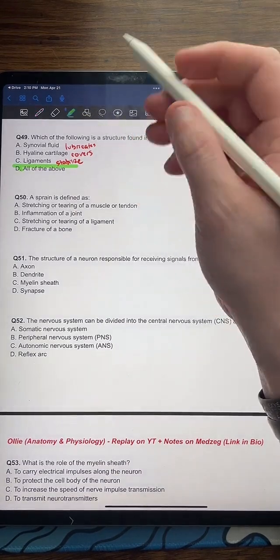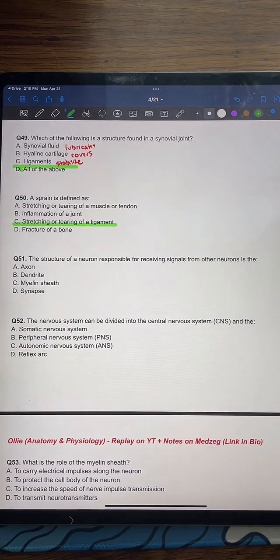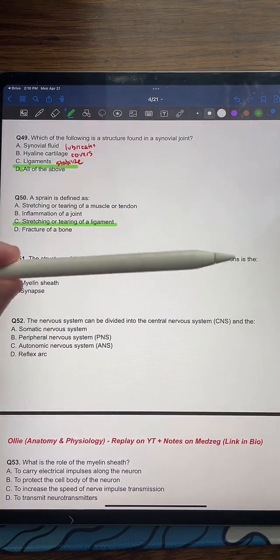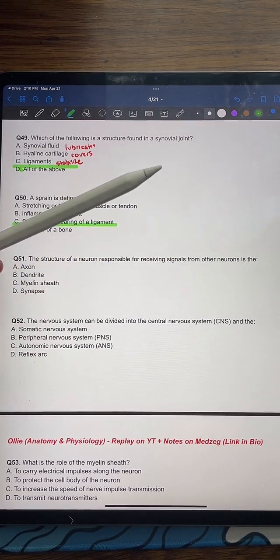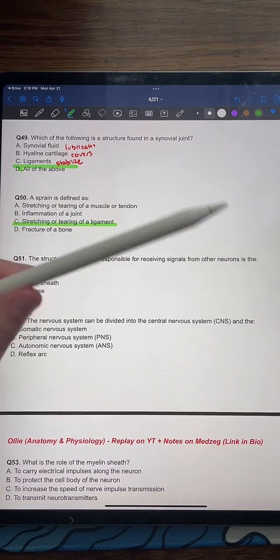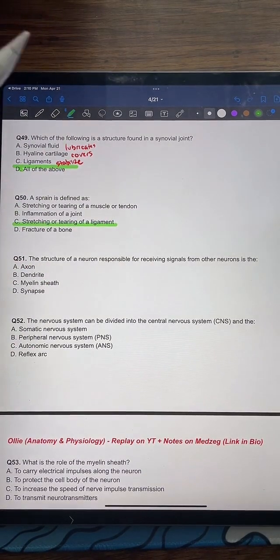It is C. Stretching or tearing of a ligament. So a sprain would involve when a ligament is stretched or torn a little bit. So it's a structure that would connect bone to other bone. The stretching or tearing of a muscle or tendon would describe a strain. Inflammation of a joint would be more so for arthritis or some other joint-related condition. Fracture of a bone would be a bone fracture, not a sprain.